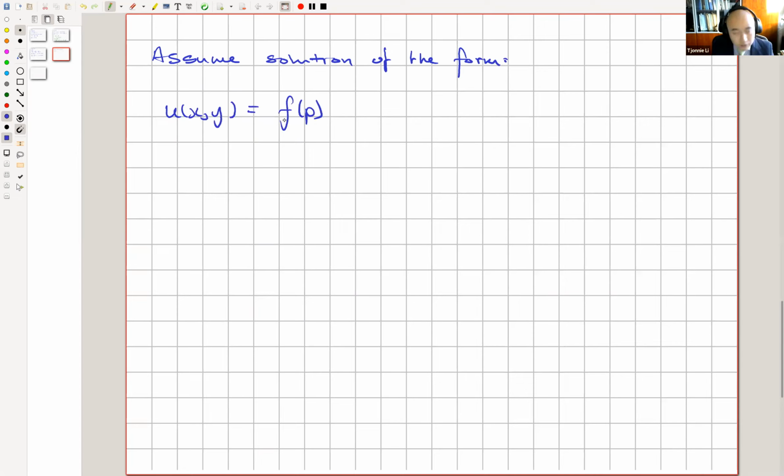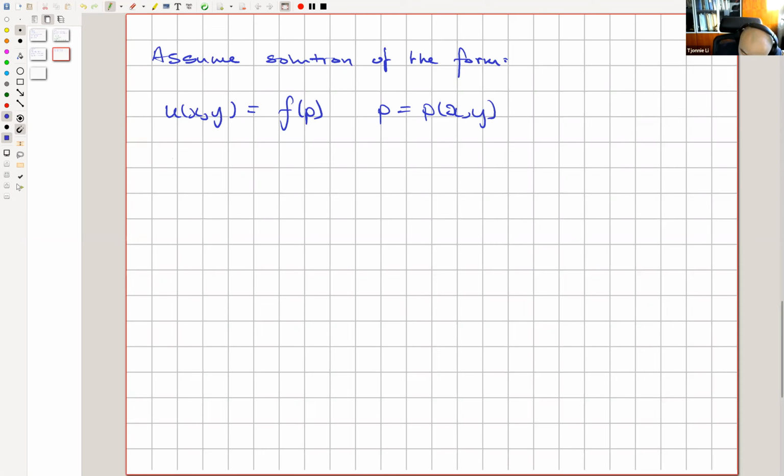Again, we've actually done this before for the Laplace equation, and now we're going to do it a little bit quicker for the one-dimensional wave equation. In this case, p is assumed to be a function of x and y. So I'm looking at a particular form to write u of x and y as a function of f, just a function of p, which itself can be a function of x, y.